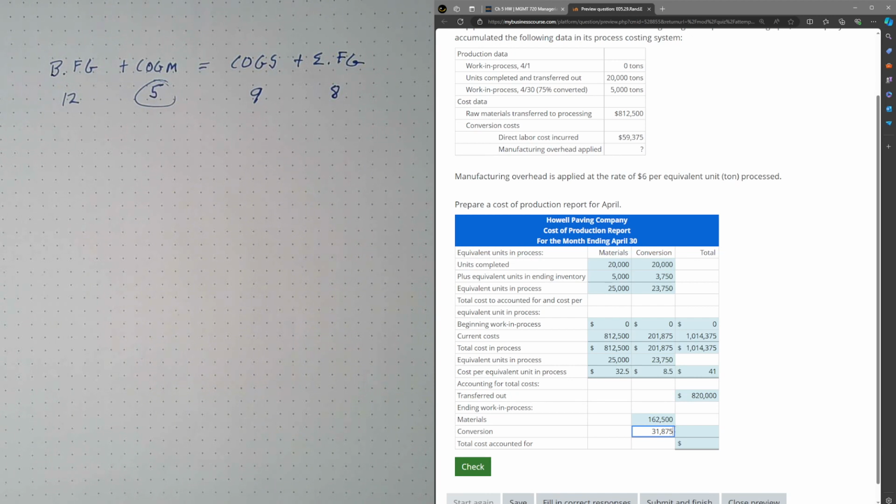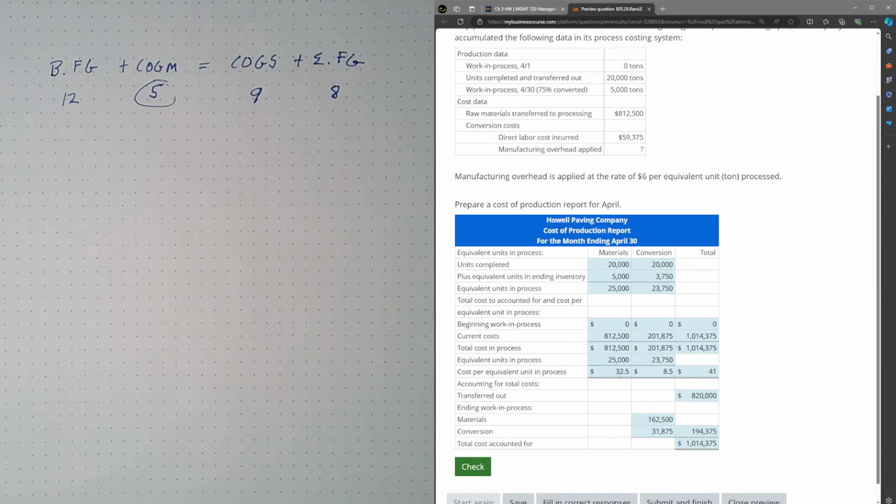And if I add those two numbers together, that should be the total cost in ending work in process, which equals 194,375. And if I add the completed costs plus the ending work in process costs, it equals 1,014,375. And that's again our double check. We said the beginning work in process of 0 plus all the current costs was 1,014,375.